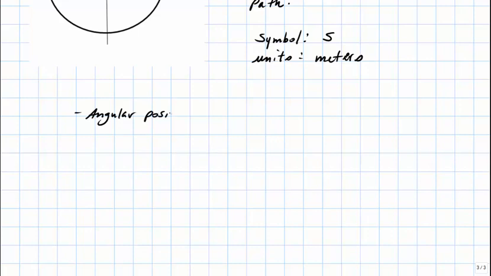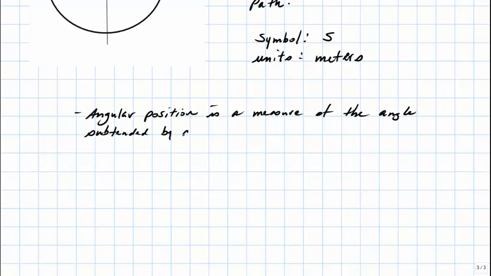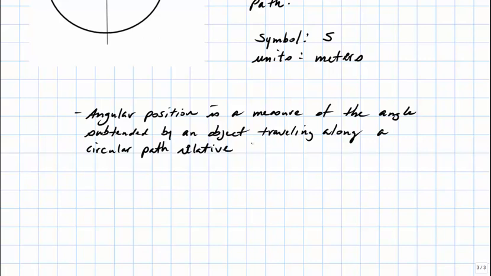Angular position is a measure of the angle subtended by an object traveling along a circular path, relative to the positive x-axis.